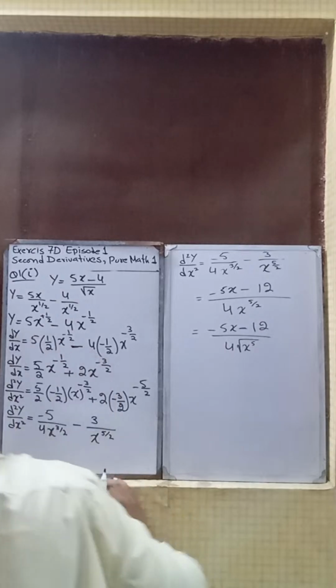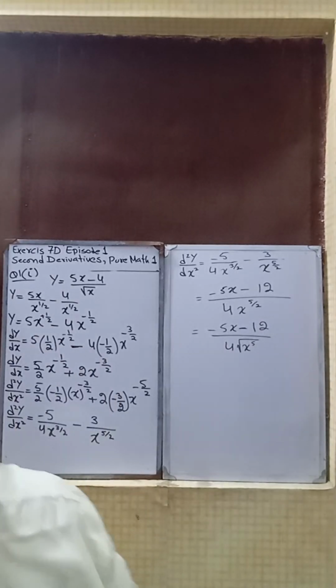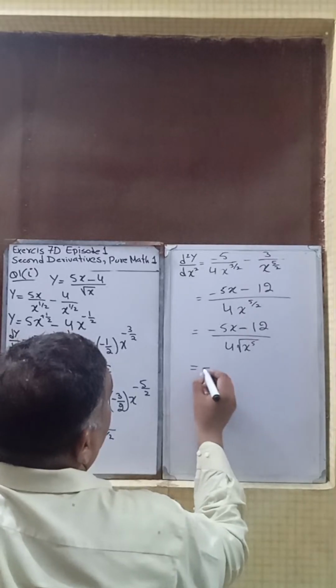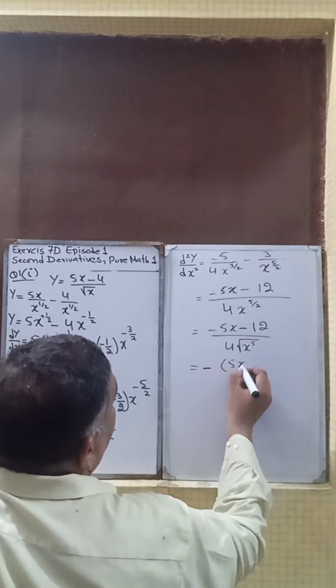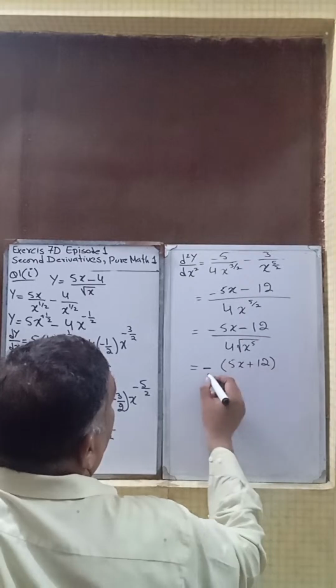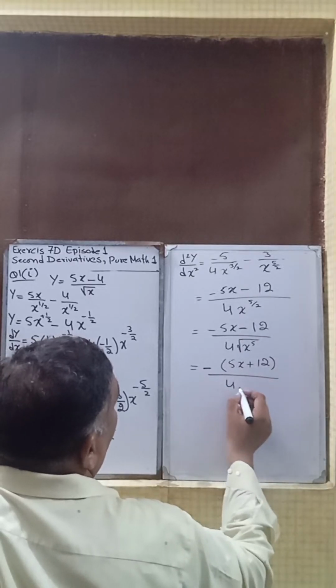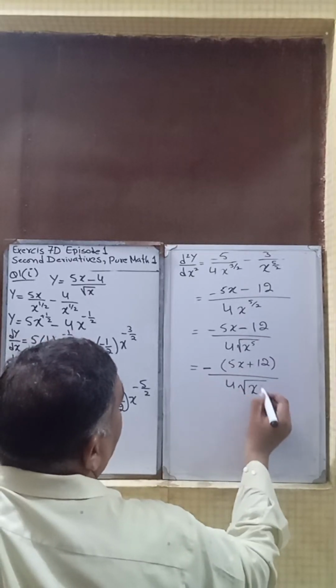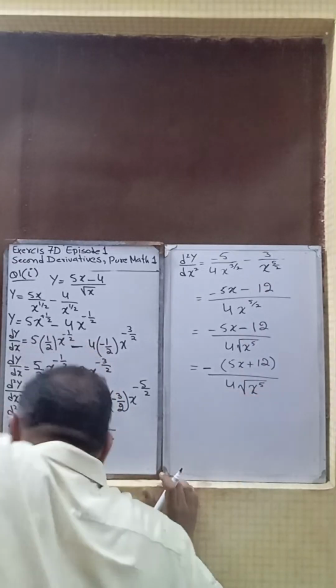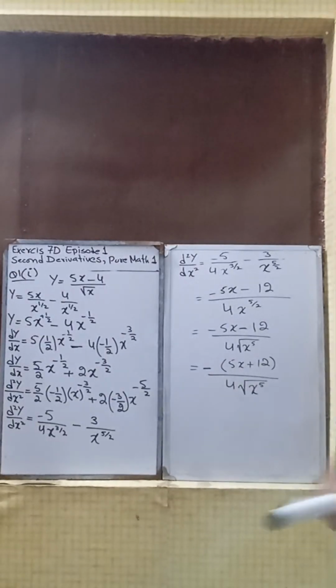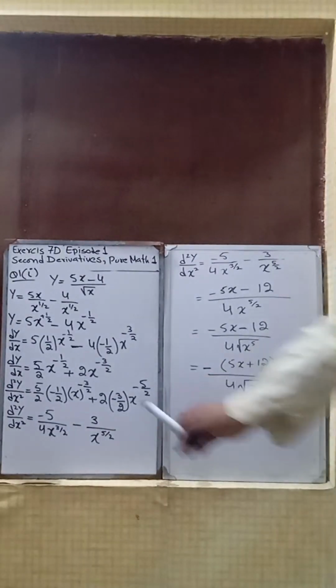So you can take the negative common. So they have written it like this, 5x plus 12 divided by 4, the radical sign, and then x 5. It's a little simplification, the second derivative is here, it is good.